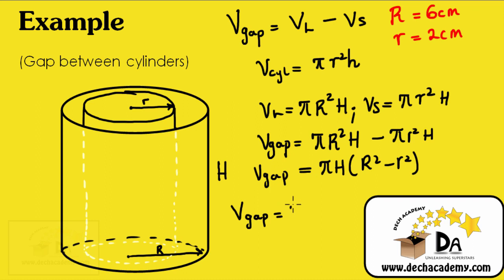Pi is 22/7 times h, so I'll have to give you a value for h. Imagine the height of the cylinder is 10 centimeters. That's 22/7 times 10 times 6 squared minus 2 squared.